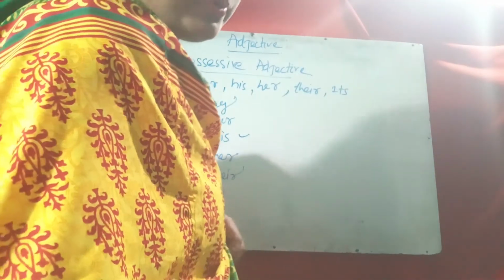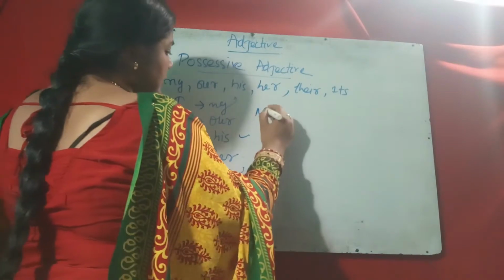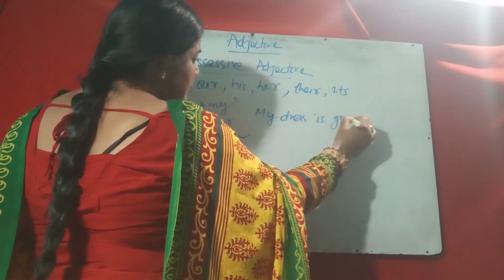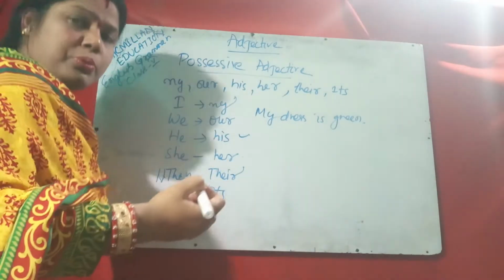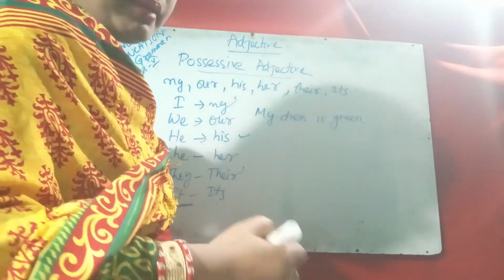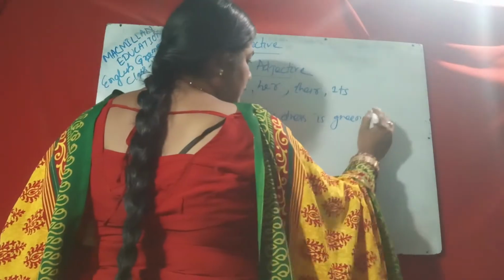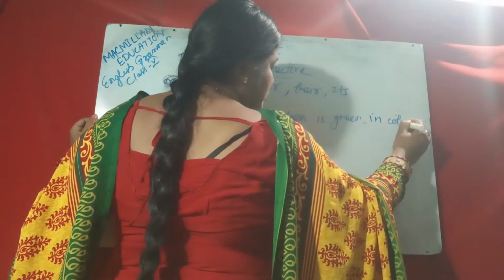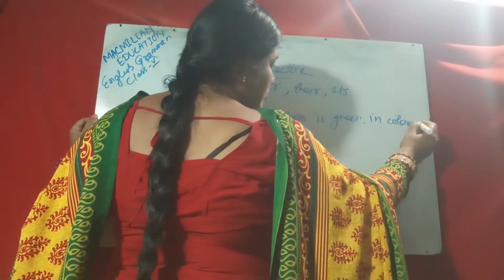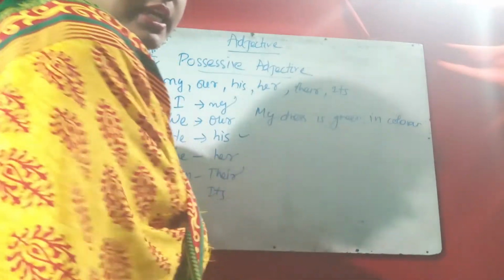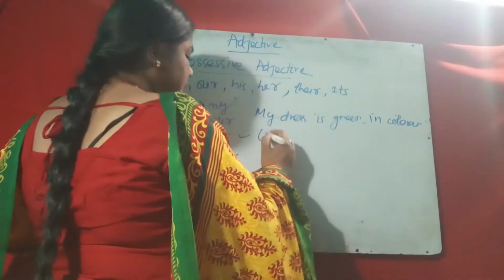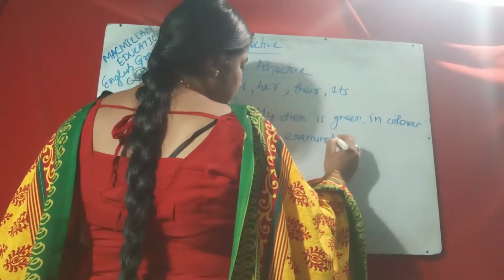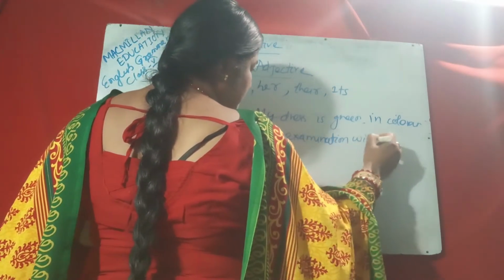possession. Okay, so suppose I write one sentence: my dress is green. It means the green dress belongs to me. Then: our examination will start soon.